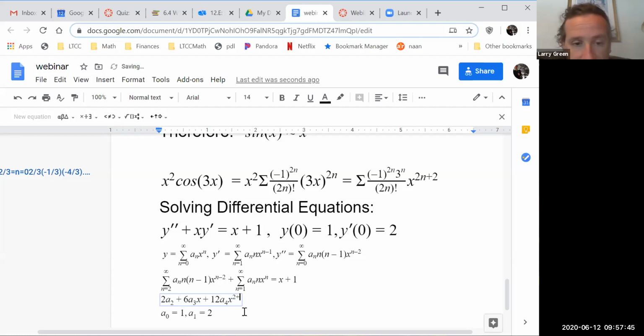And plus dot dot dot. You could do more, but I don't want to waste your time. And then I could do plus the second sum. If n equals 1, I get a1 x.